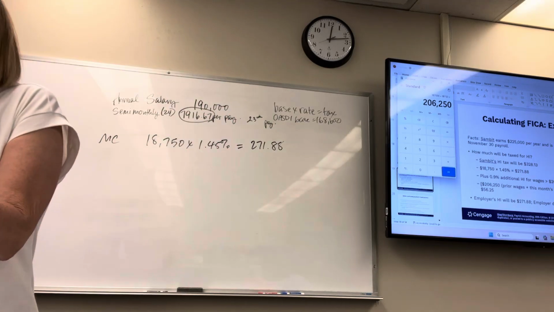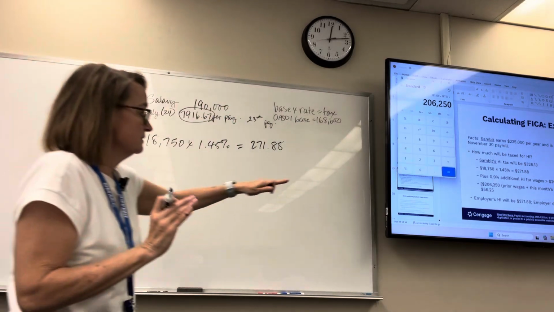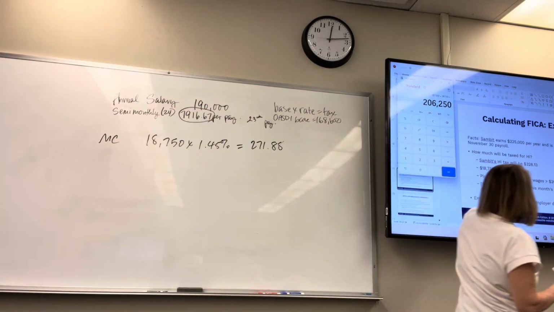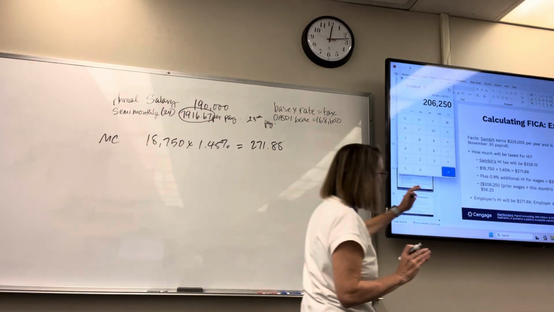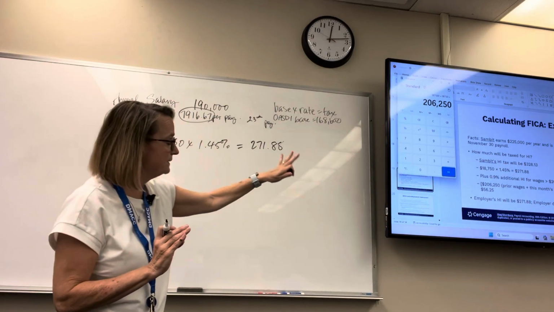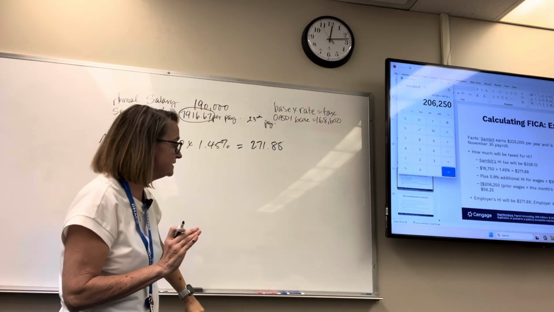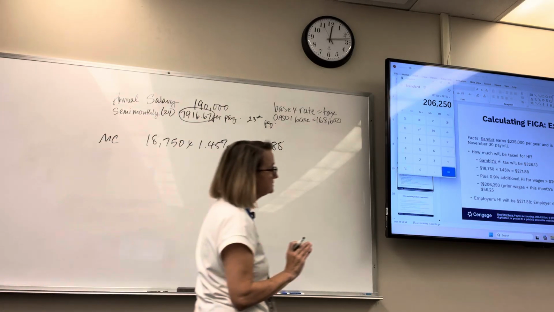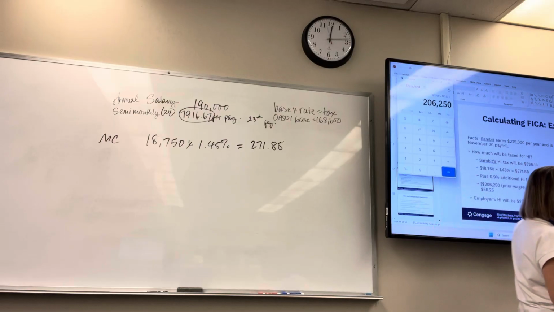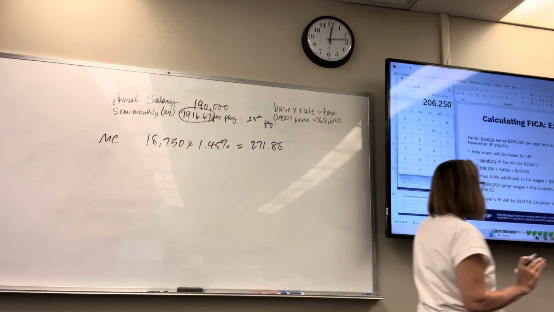So this is really the only time you're going to do this little calculation. So we're going to take our current period year-to-date pay, 206,250, and subtract the 200,000. And we're going to multiply that by the tax rate.